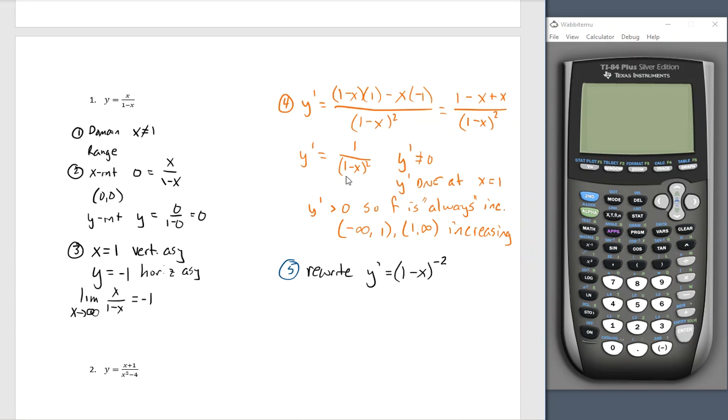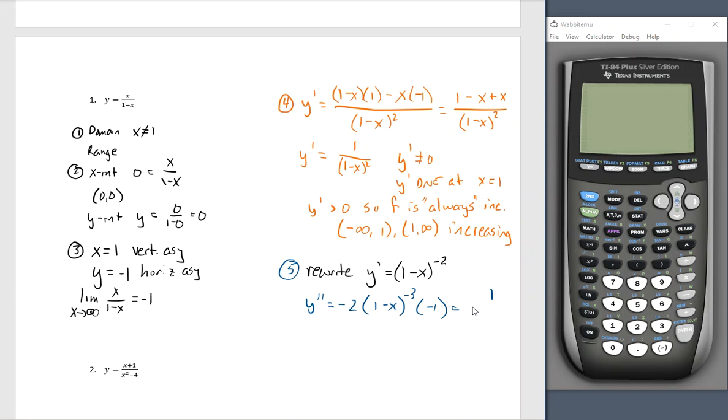Right, it's just 1 over. So let's take that 1 minus x up to the numerator, and we change the sign of the exponent, because now when we take the second derivative, it's easier. Bring down the -2, leave the inside alone, subtract 1 from the exponent, multiply by the derivative of the inside. Here we have 2 negatives, so that'll be a positive.